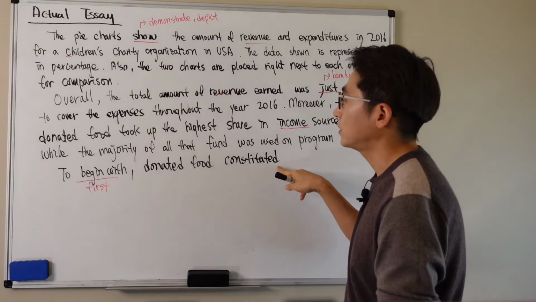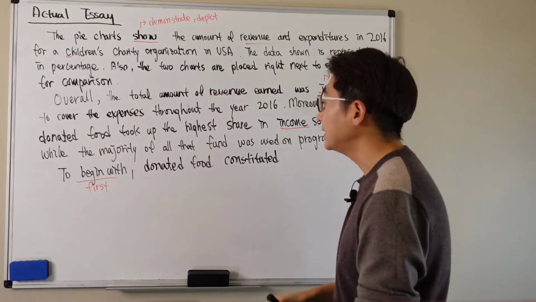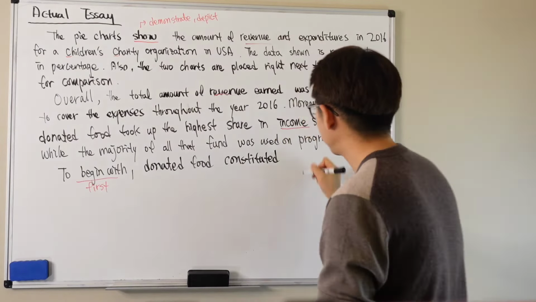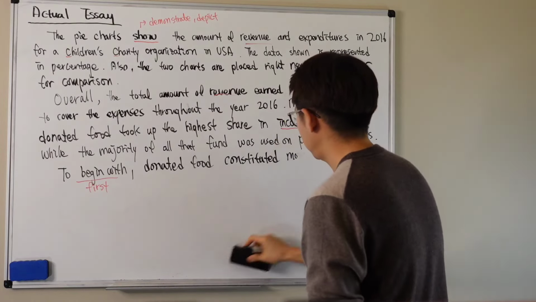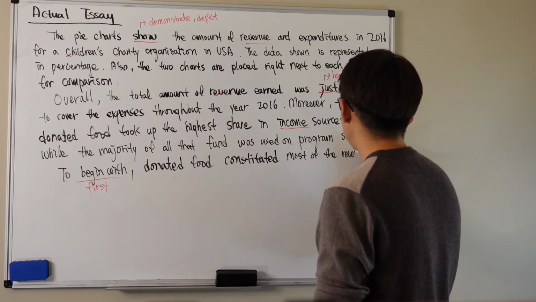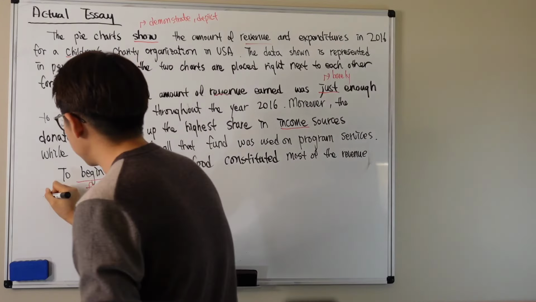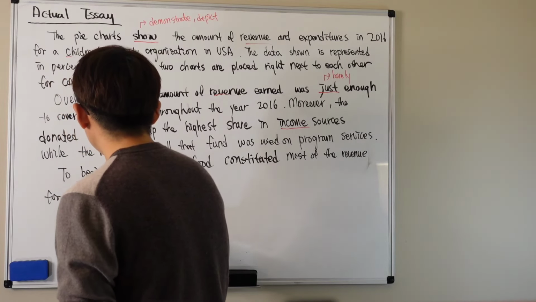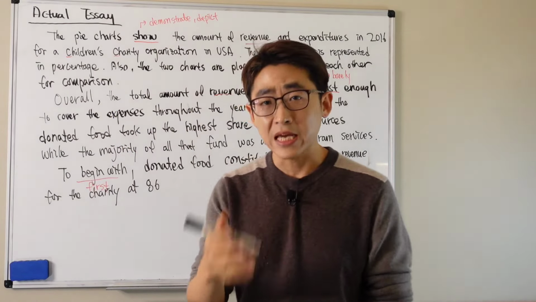We are using different words because I don't want to repeat the words took up again. So donated food constituted most of the revenue for the charity at 86%.